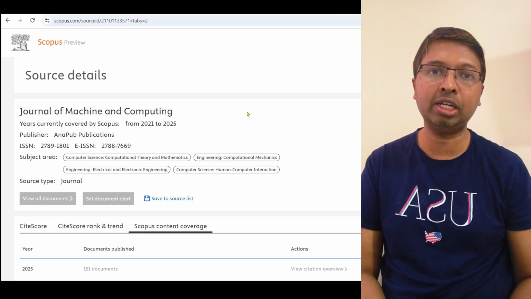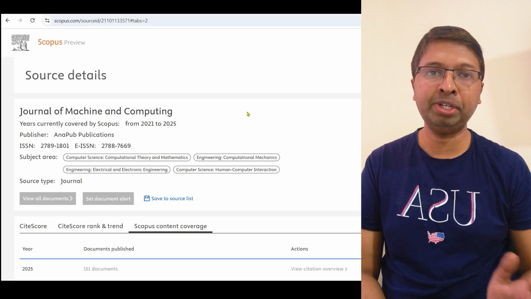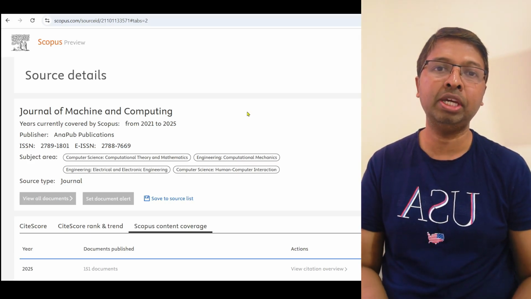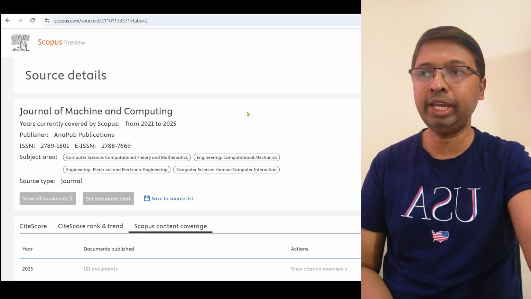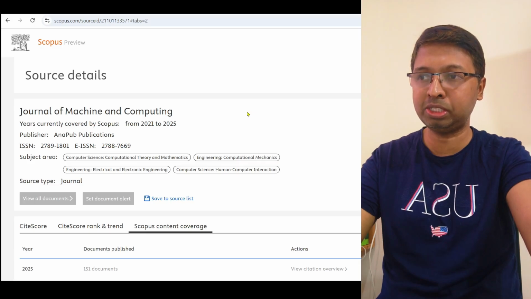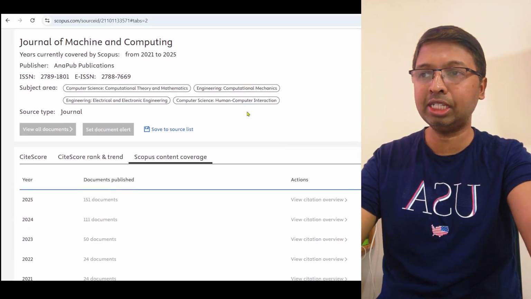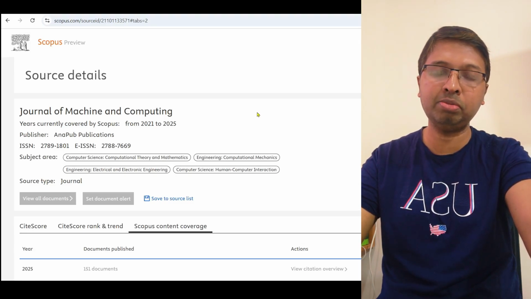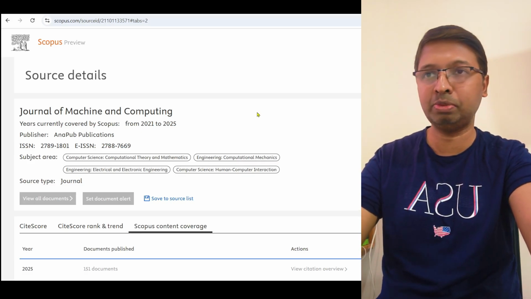Even though they are a quartile 2 journal, they might be dropped very soon to quartile 4, and ultimately they will be removed from the Scopus database. Anyhow, as of now, this journal is currently indexed in Scopus and all the articles are being indexed. It doesn't mean that they will remain in the Scopus database in the future without any problems, because we already have problems coming up with regards to this particular journal.